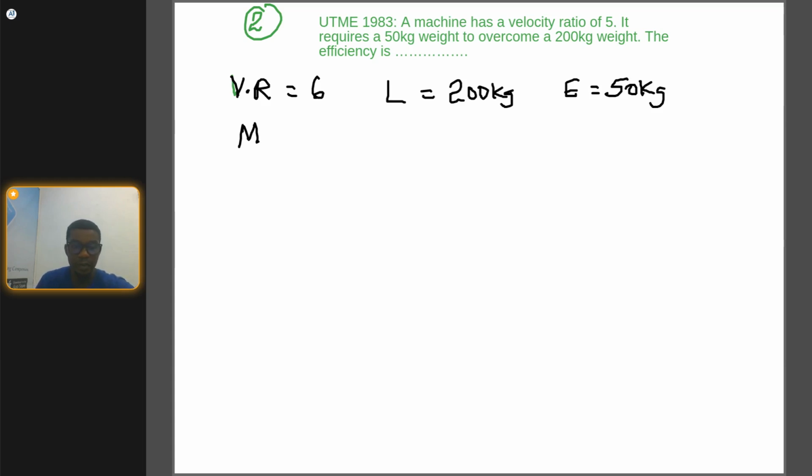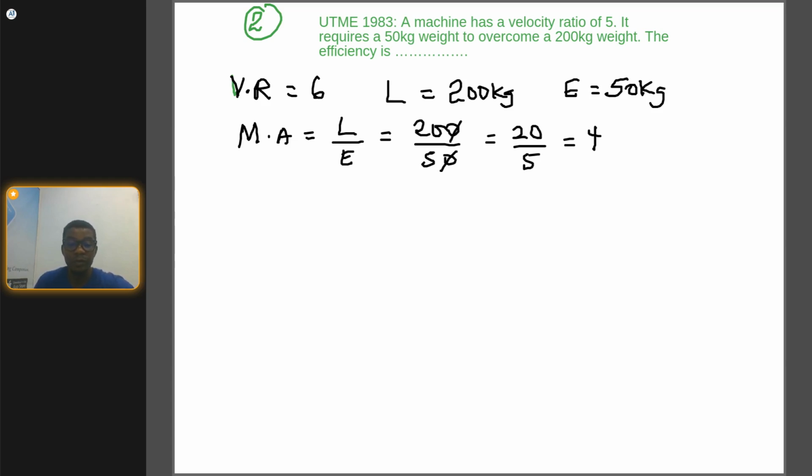So we have mechanical advantage equals the load over the effort, which is 200 over 50, 0 cancels 0, that is 20 over 5, and that will give us 4. The mechanical advantage is calculated to be 4. What is now the efficiency?